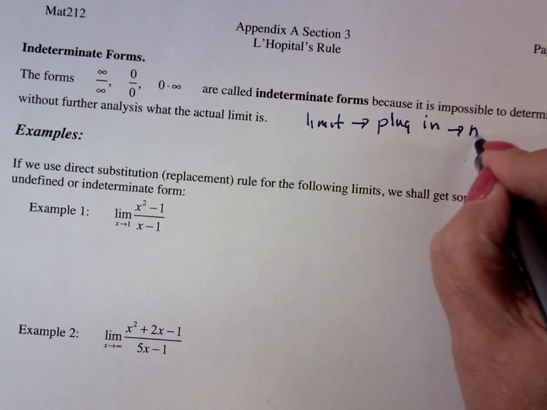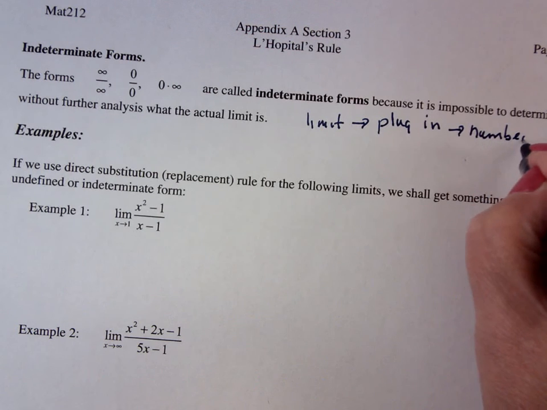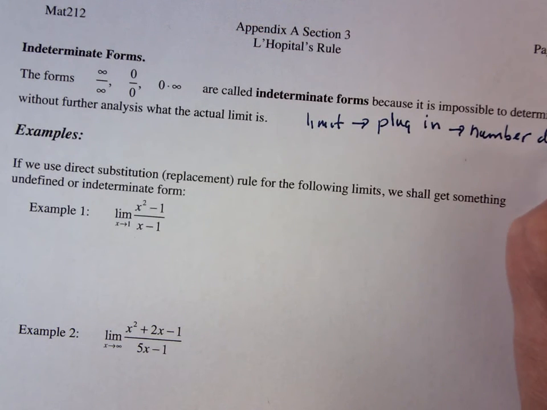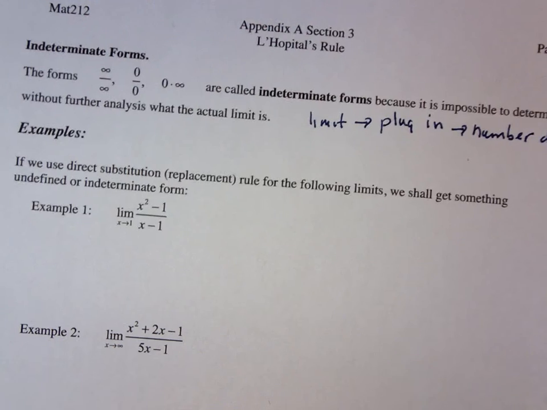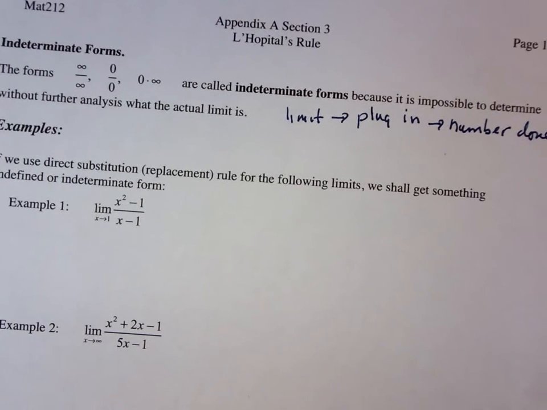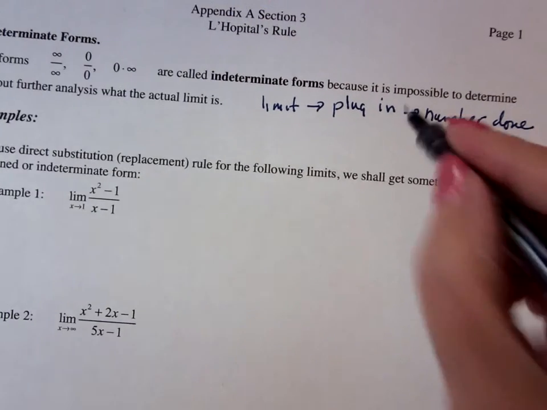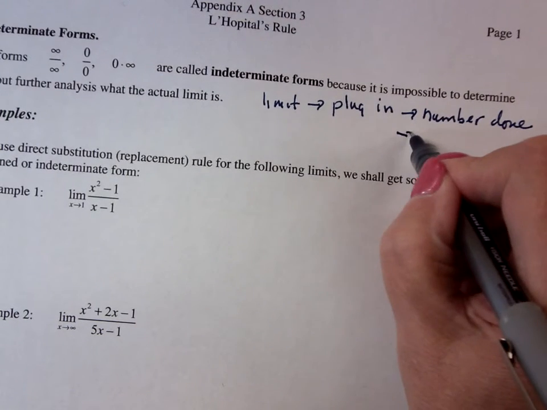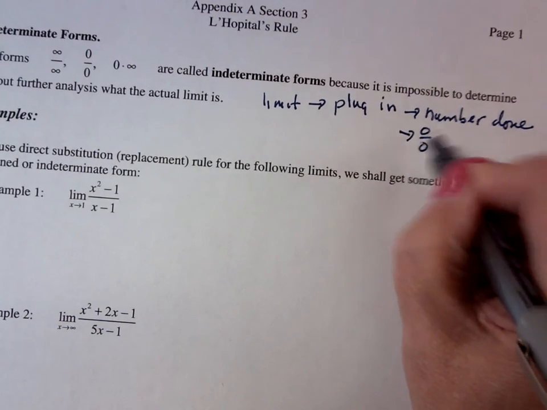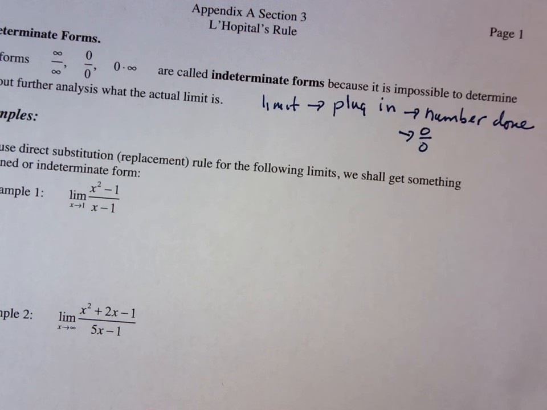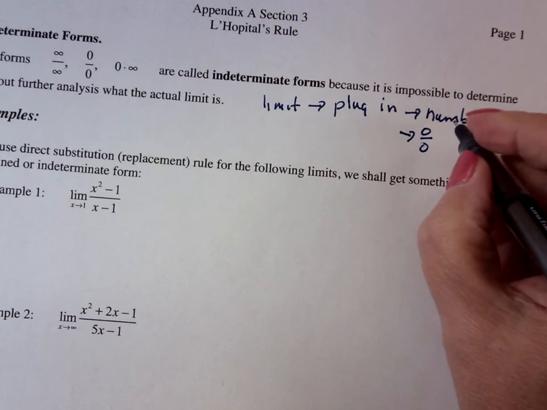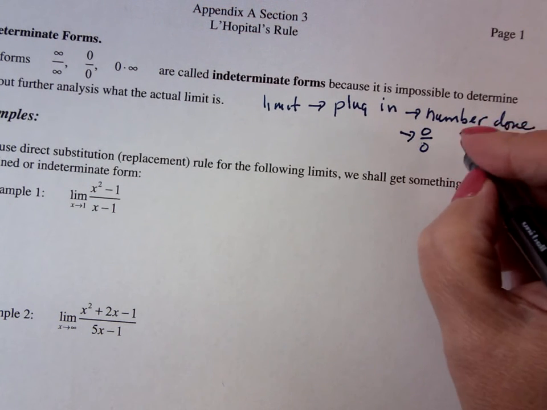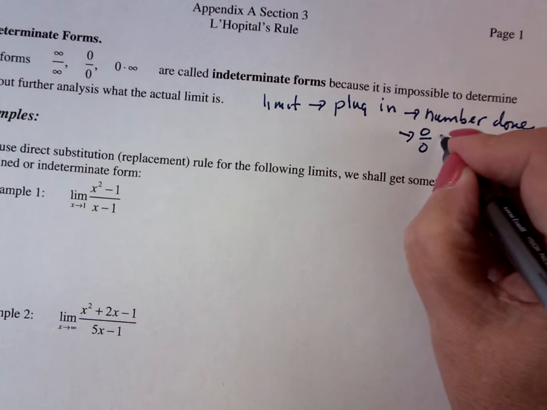Number out, done. And then what happened? Plug it in, 0 over 0, what was the issue? What did you have to do? Algebra.